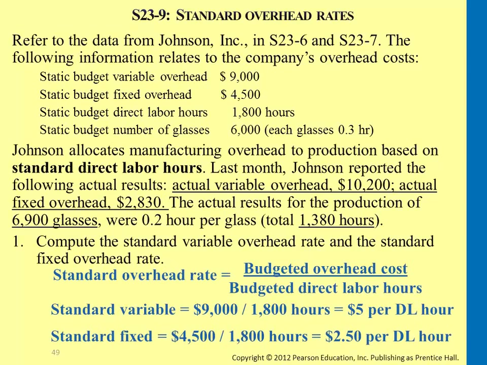So meaning the rate that you expect workers to produce one glass is at 0.3 hours, right? So that's like about 20 minutes you want the workers to get done one glass. But now we use that same rate. We know the actual results we got, the actual 6,900 glasses.